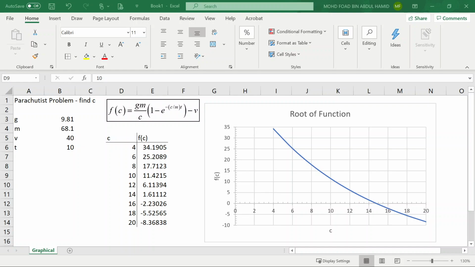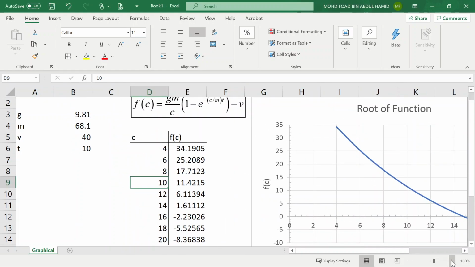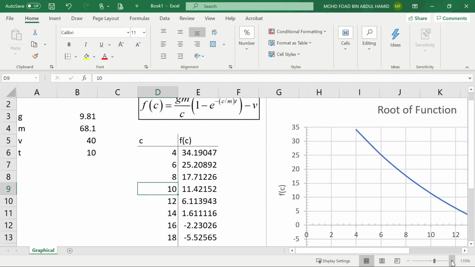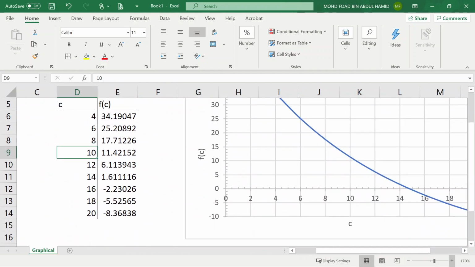Okay, we see this is the value here. So let's zoom in and scroll. Hopefully you can see, or maybe I should zoom in more.